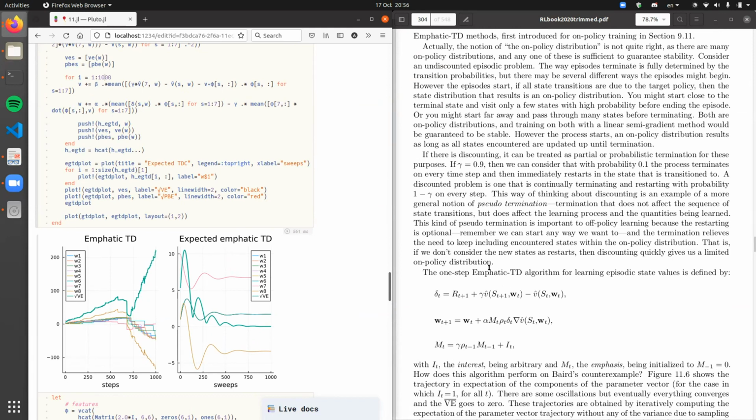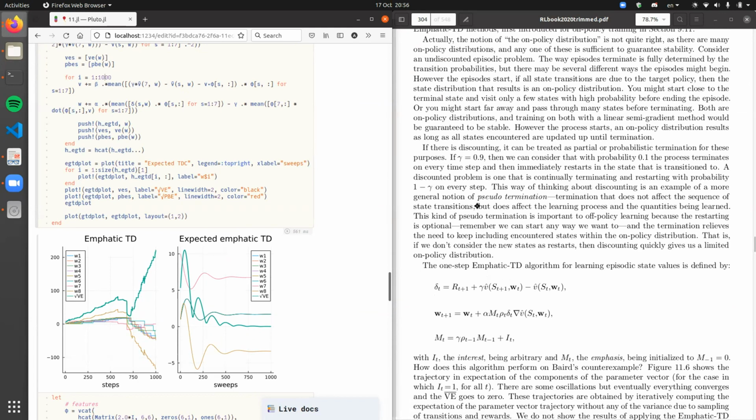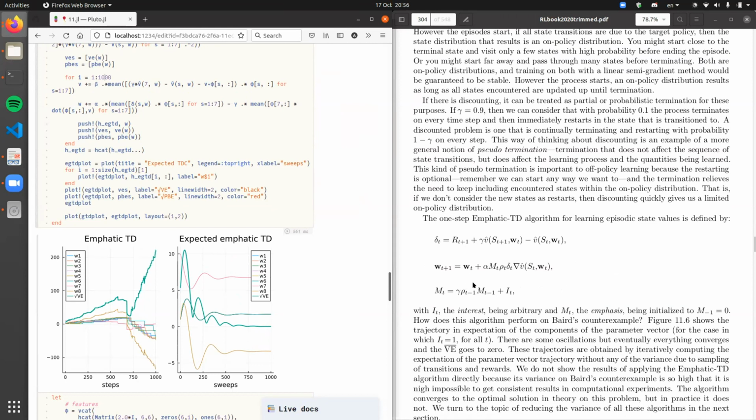Basically, what would it do if you think about it? It will depend on how relevant the observed trajectory is to the trajectory of interest under our target policy.